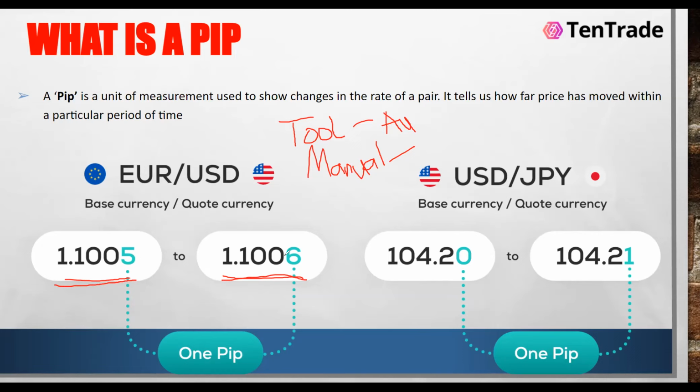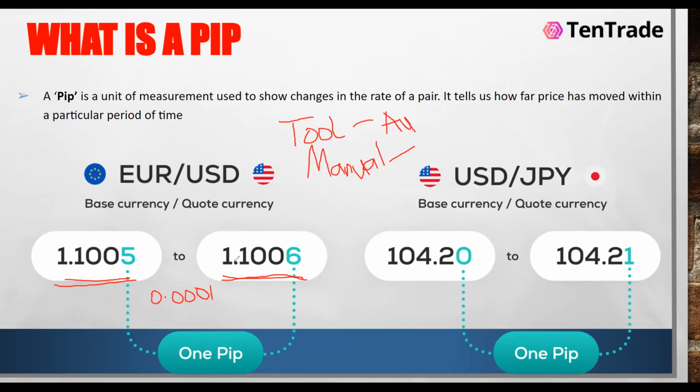So we say 1.1006 minus 1.1005. When you do that calculation, you will have a value of 0.0001. Okay, easy. Anybody that's gone to primary school can do this. So this is step one. It's a two-step process. Step one is to subtract, that's all.